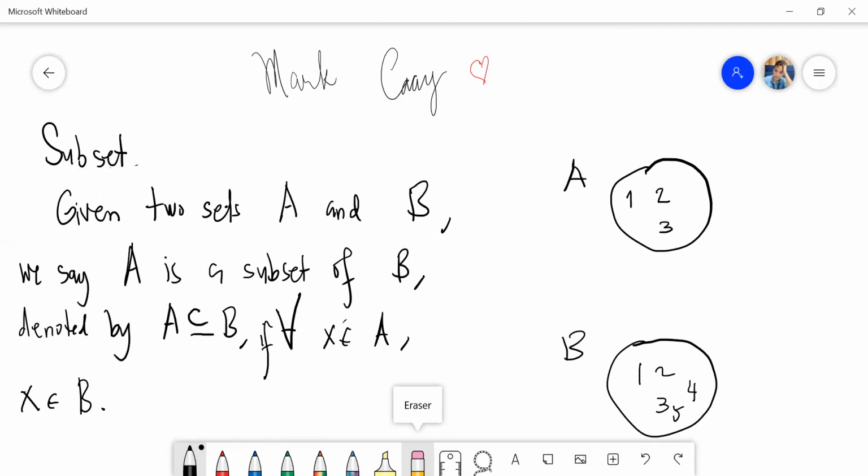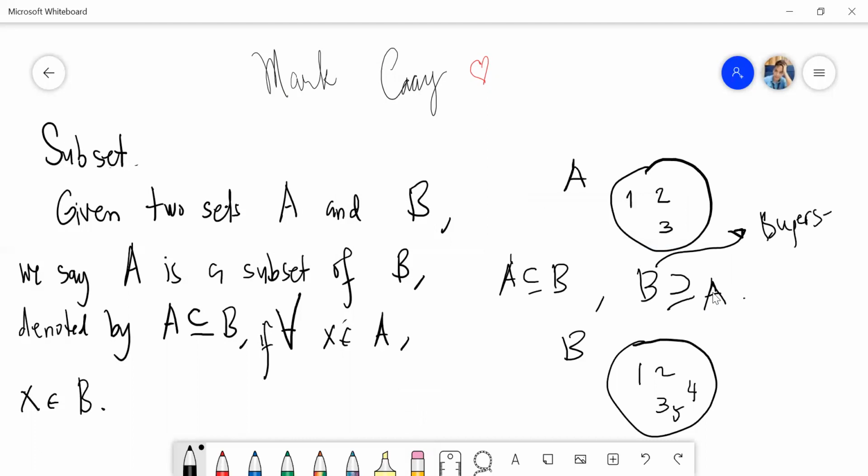It does not matter because the point here is that A is a subset of B. Now in this case, since A is a subset of B, we can say that B is a superset of A. So that is now the definition of a subset.